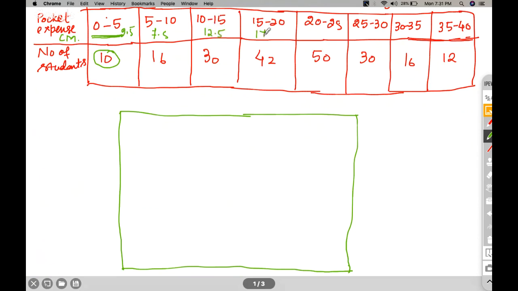This will give me 17.5, this will give me 22.5, this will give me 27.5, this will give me 32.5, and this will give me 37.5. As simple as that. So this is it.